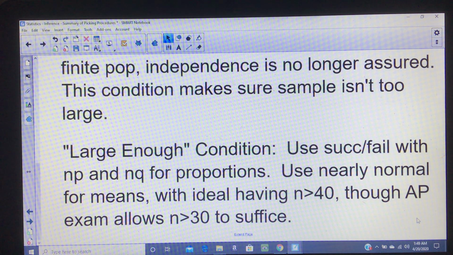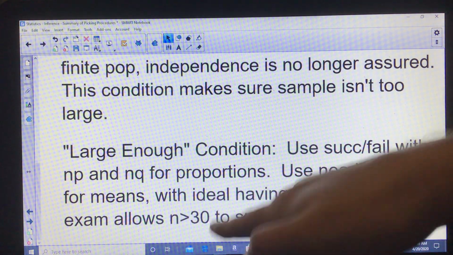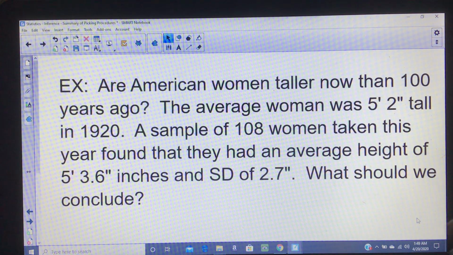With proportions, it's n times p, n times q, success, fail. With means, it's making sure that n is large enough. I said on the AP exam, if it's over 30, you're good. If it's under 30, you just got to check the distribution of the original data, make sure it's roughly unimodal and symmetric. All right, so let's finish this by talking through a couple examples.